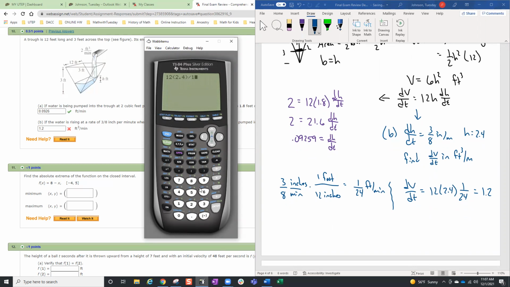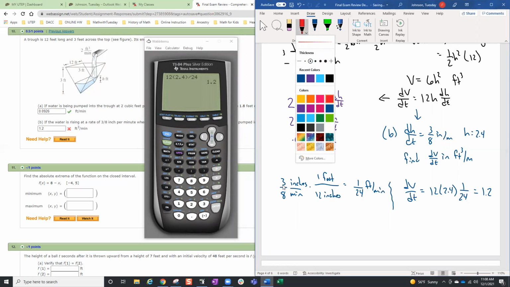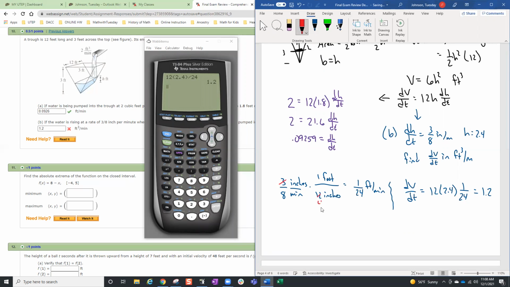Divided by 24. All right, so I did something wrong in here. I know what I did. Right here. Check it out. 3 goes into 12 4 times, and 8 times 4 is not 24, it's 32.